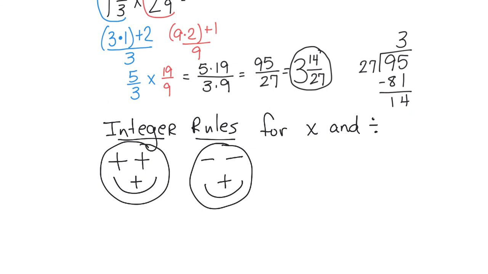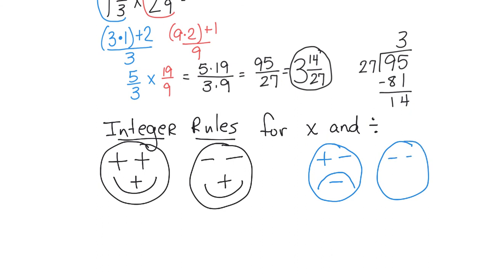Then on the other side of it, if I have a positive and a negative, I'm unhappy, and my answer is going to be negative. If I have a negative and a positive, I'm unhappy, and my answer is negative.